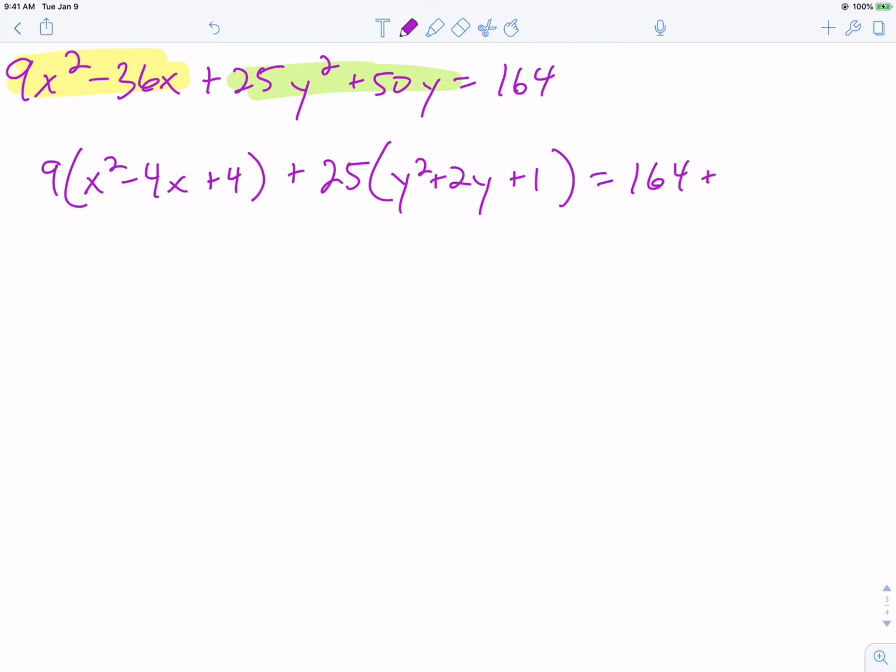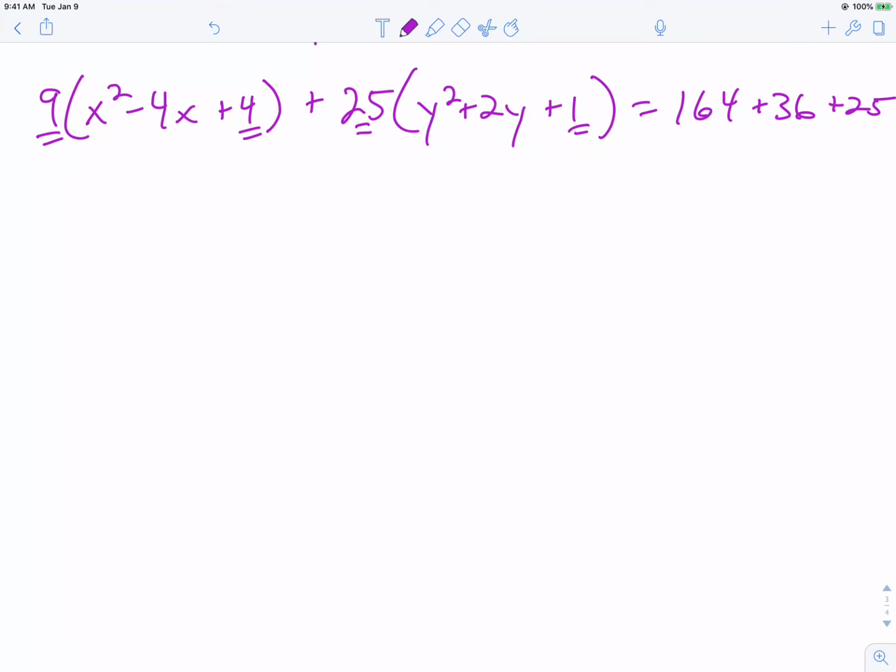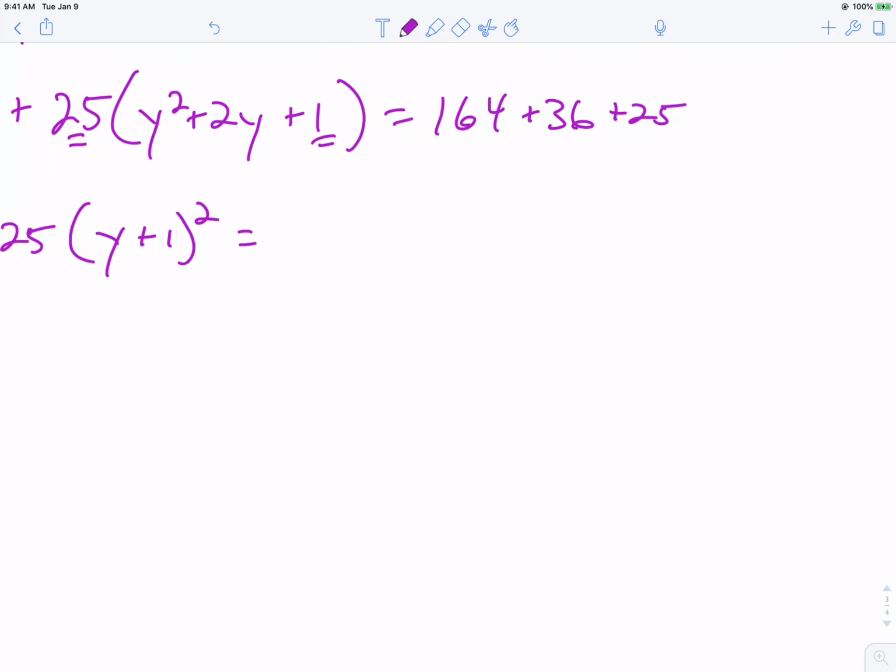So I don't add 4, I add 36 because it was 4 times 9, and then 1 times 25, so I also add 25. All right, so now we're on our way. We've got 9 times this perfect square factors into x minus 2, plus 25 times this perfect square factors into y plus 1, equals 164 plus 36 plus 25, which is 225.